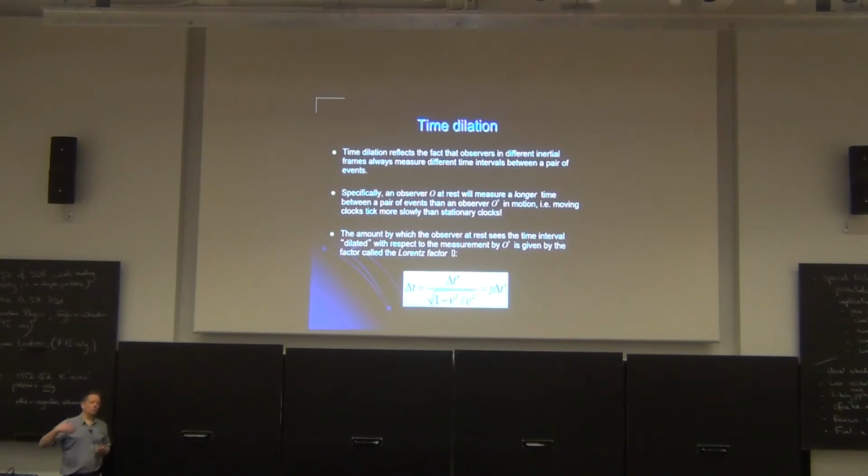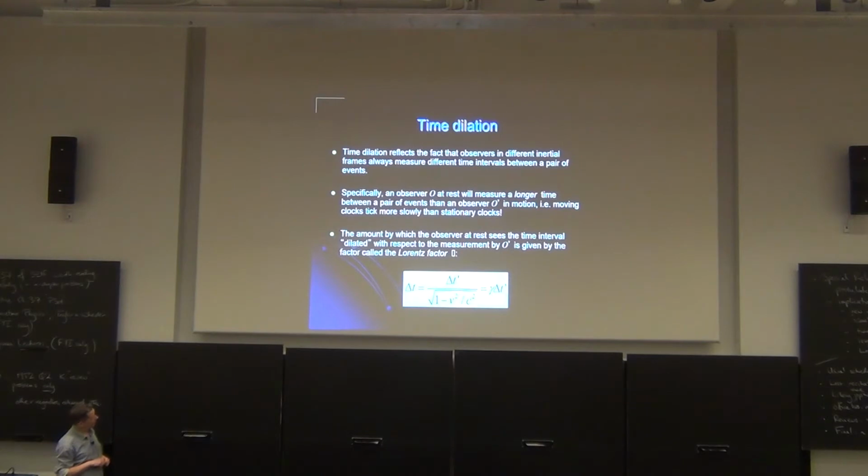So if your clock is going more slowly, the time interval is measured as shorter compared to, let's say, a regular working clock. So this is the idea that time is dilated, stretched out in a moving reference system.